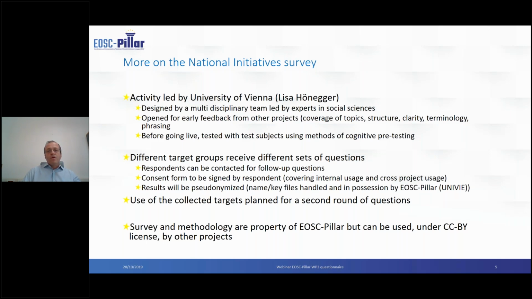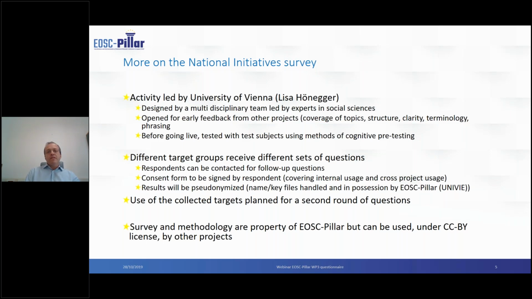So if you received more than one email, please note that each mail and each link is specific to one specific questionnaire. Possibly you may have received more than one mail because you are responsible for more than one service, or for a research infrastructure and a service, and so on. So read well before completing the questionnaire.